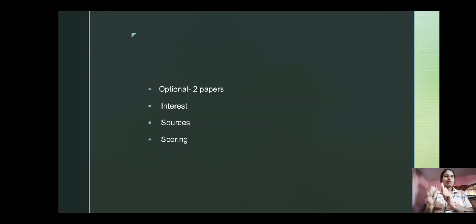I can suggest you one way: go through the general studies papers first. Then you can think about which of these general studies subjects is interesting to you. If you're new to this field of arts and humanities, if you're a science student, this is for you.